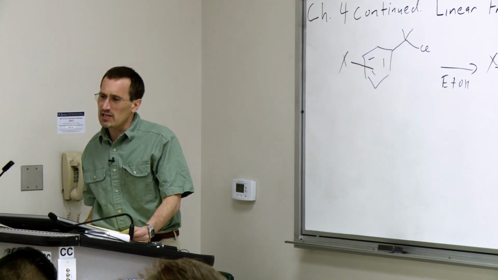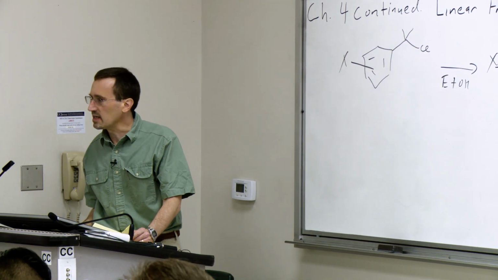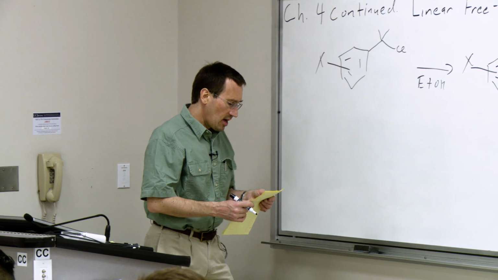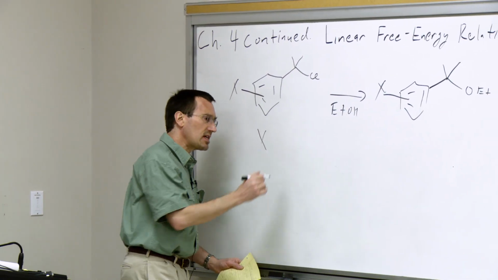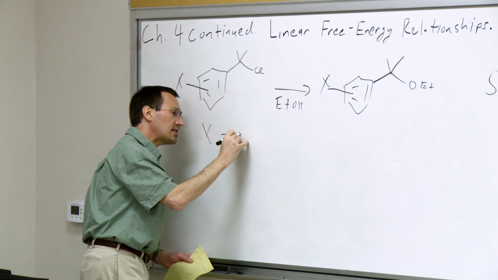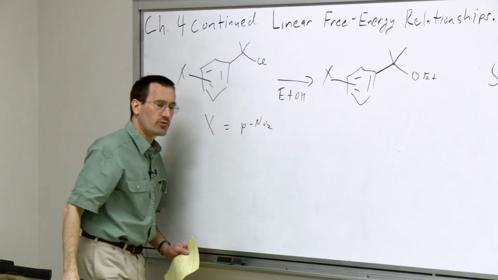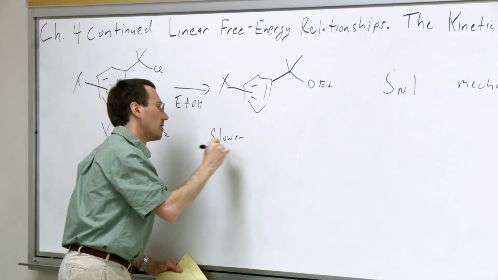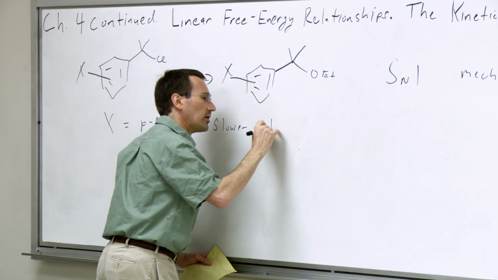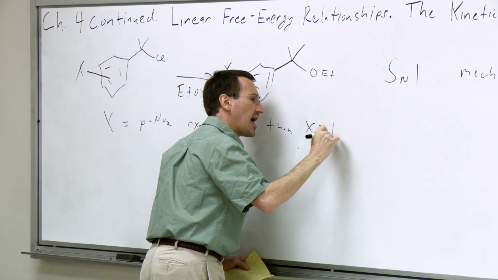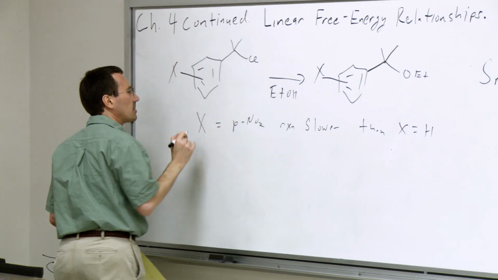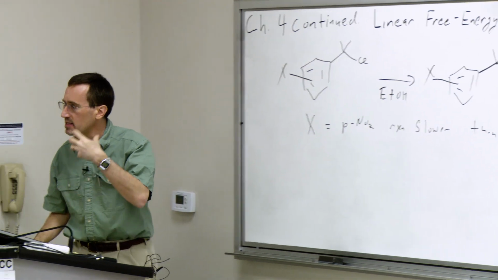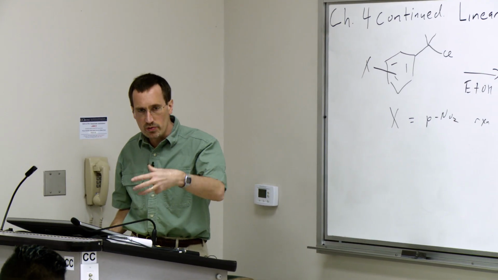So when I was talking about a similar reaction before, and I think I was talking about a secondary tosylate, I said, okay, we can talk about substituent effects, and we'll see a similar thing here. Let's say we have X as the para-nitro group. The reaction's going to be slower than X equals H. In other words, having a substituent of a para-nitro group, an electron withdrawing group, destabilizes the carbocation and slows down the reaction.